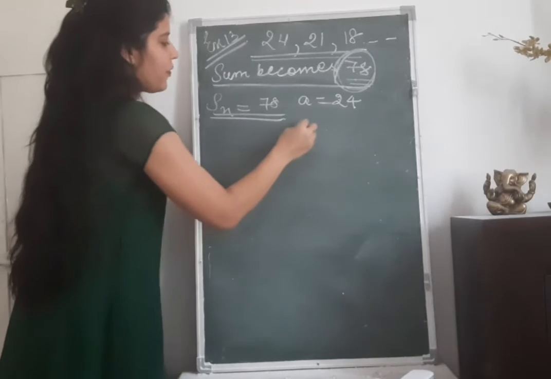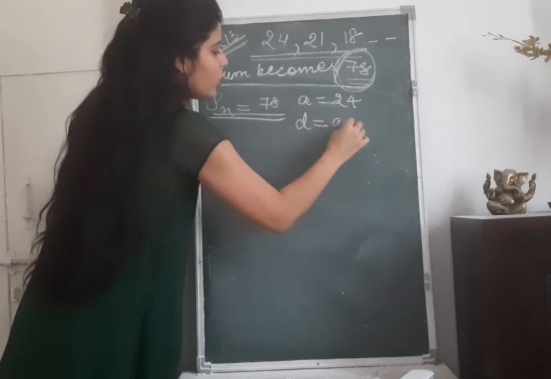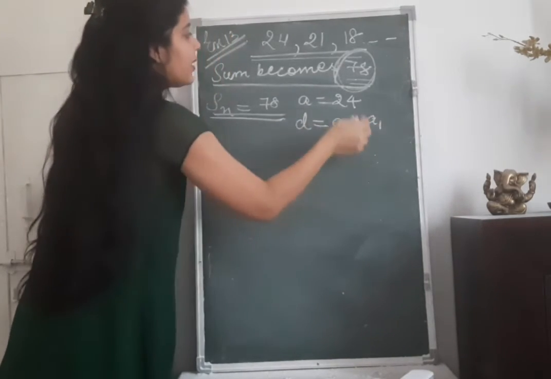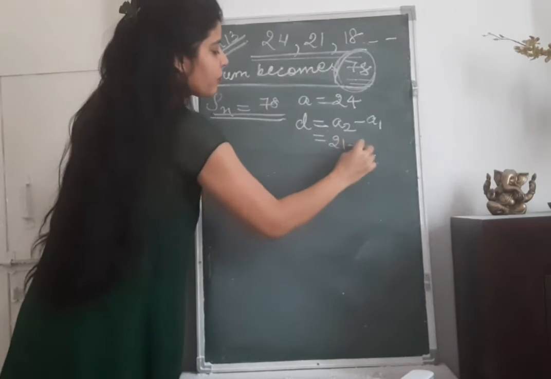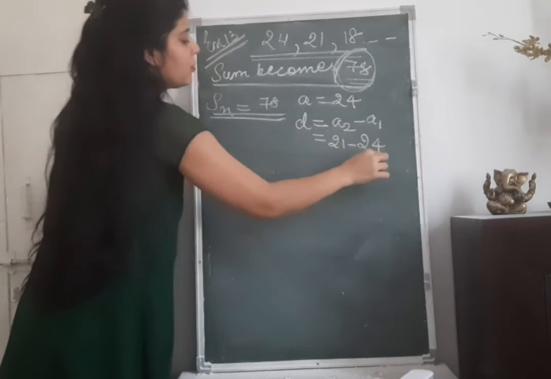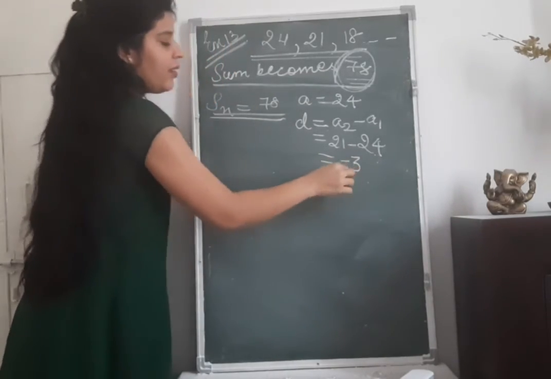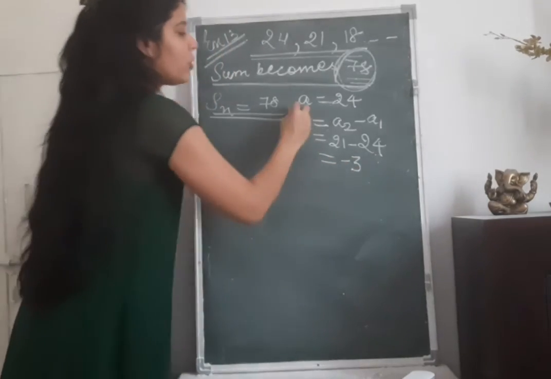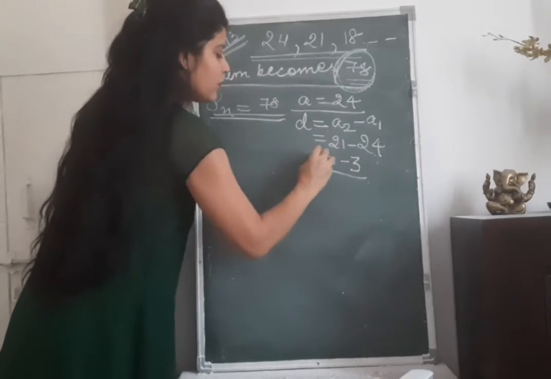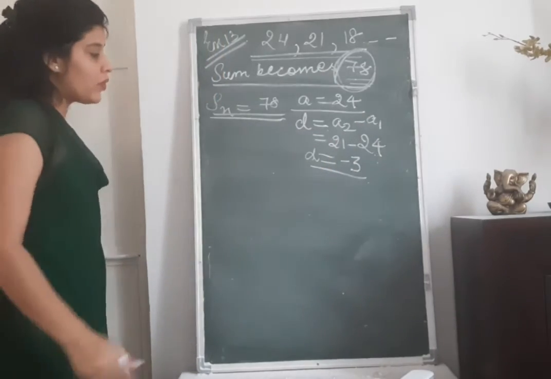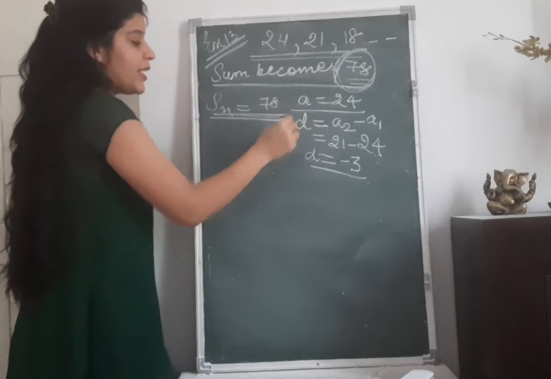What is the common difference? a2 minus a1, that is 21 minus 24, which is equal to minus 3. So a is equal to 24 and d is equal to minus 3, right? And Sn is equal to 78.